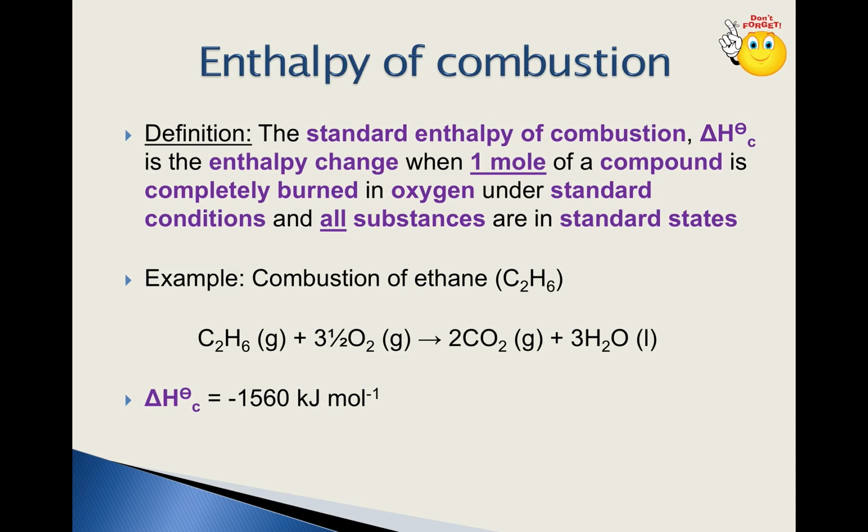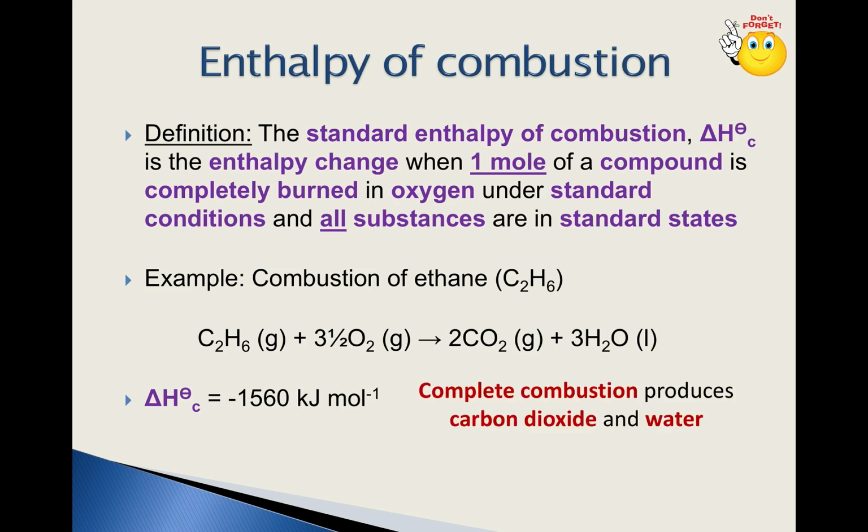That number you don't need to memorize for the exam, it just tells you it's an exothermic process. Now, any combustion reaction, whenever you burn any substance in oxygen, it will give out heat energy. So all combustion reactions will be exothermic. So complete combustion produces carbon dioxide and water.